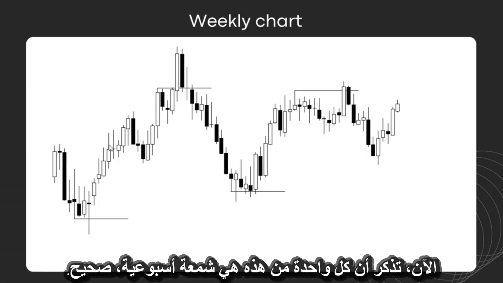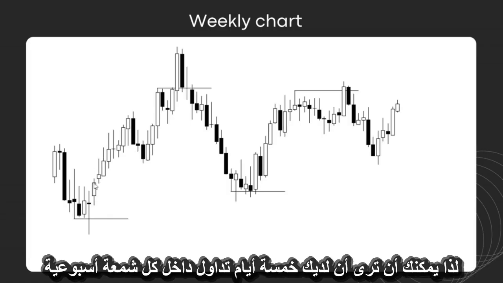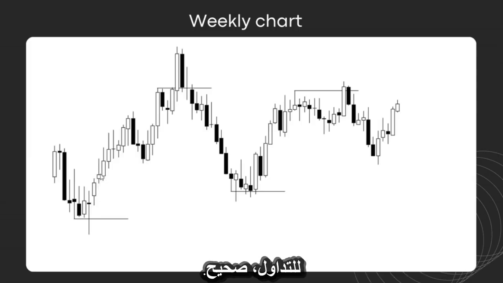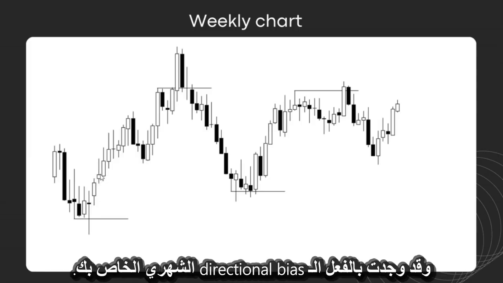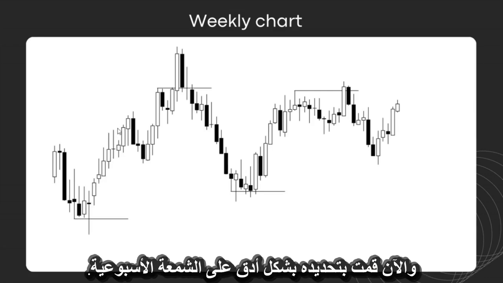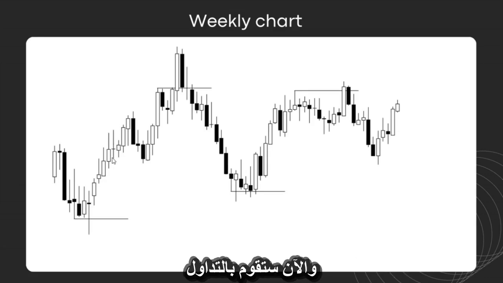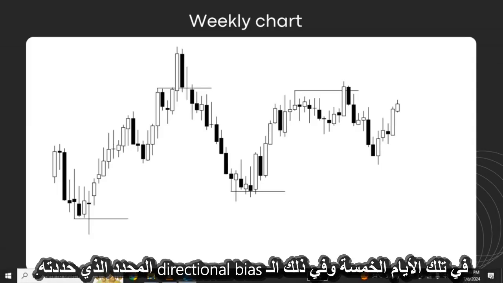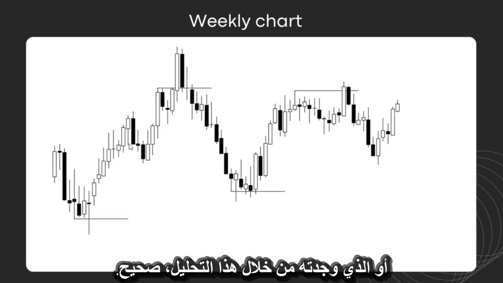Now remember, each one of these is a weekly candle, right? So you've got 5 trading days inside each weekly candle to trade. You've already found your monthly directional bias, and now you've refined it even more on the weekly candle, and now you're going to trade on those 5 days with the particular directional bias that you found through this analysis.